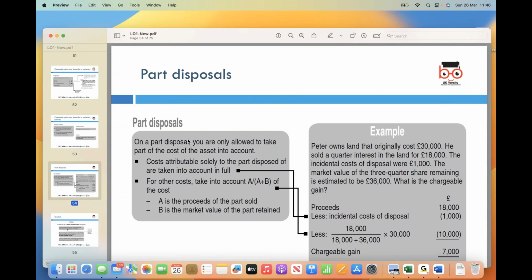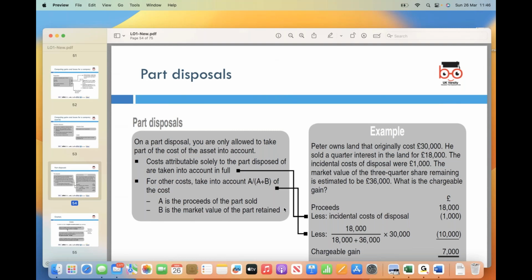The costs that are attributable solely to the part disposed of are taken into account in full. For other costs, you need to take into account A plus B, where A is the proceeds of the part sold, and B is the market value of the part retained.